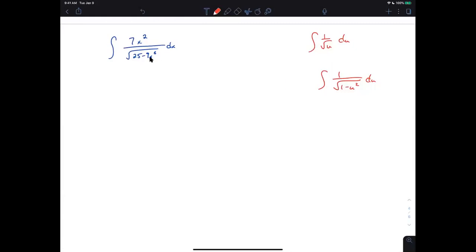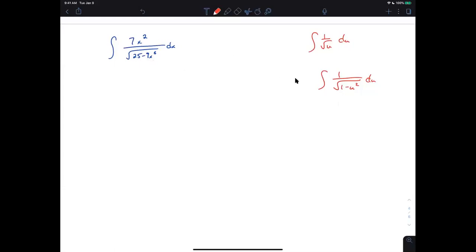And it turns out it will work because we're able to mess with this 25, and we'll show how in just a second. But u ends up being whatever you square to get this, which is going to be some constant times x cubed. And so then the du is another constant times x squared, which is sitting on the top. Does that make sense? And so that's going to work.